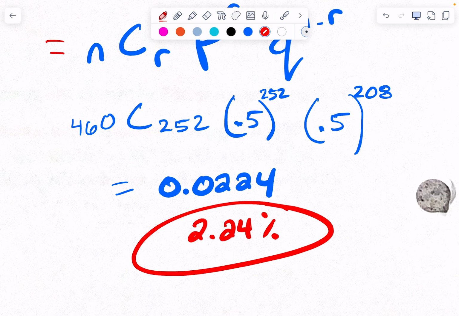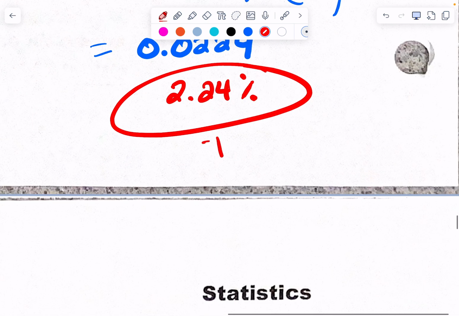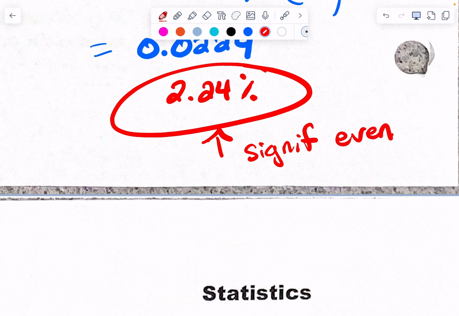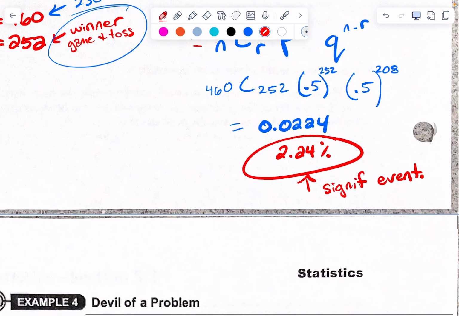Does that make sense? This is a significant event, which means it's significantly rare for that split to happen, and the fact that it did happen means the coin toss is probably causing it. So that can help us determine that stuff.